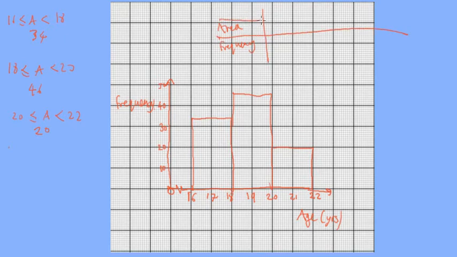So in the first class, the second, and the third. So this is the first class, the second class, and the third.